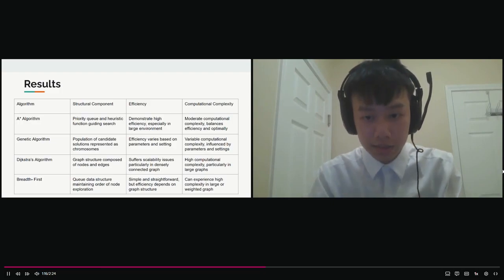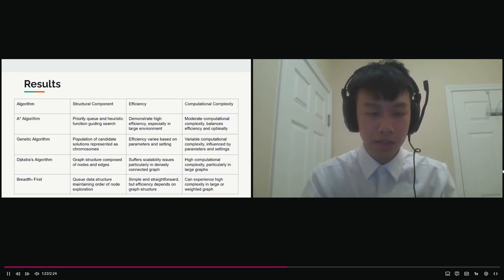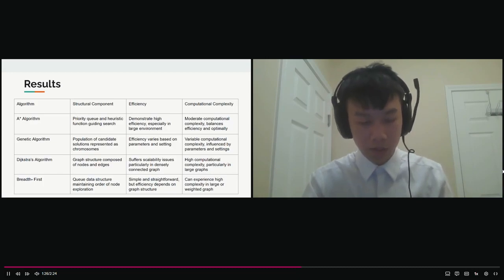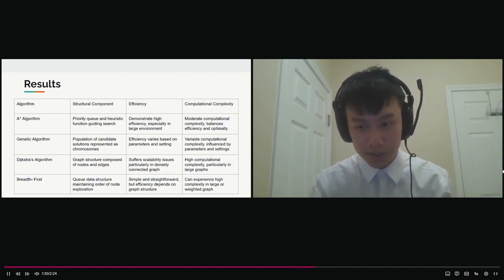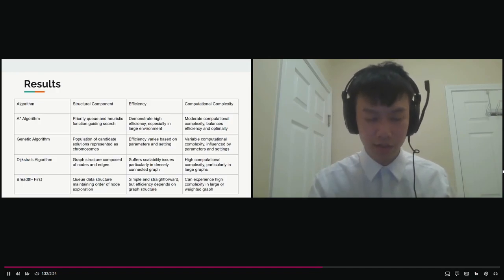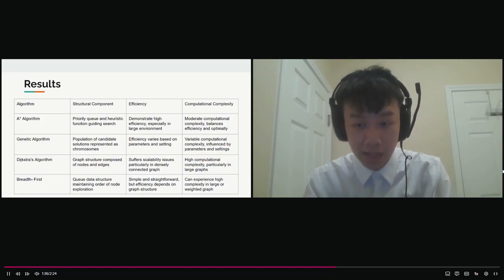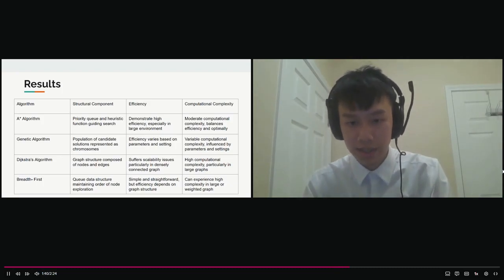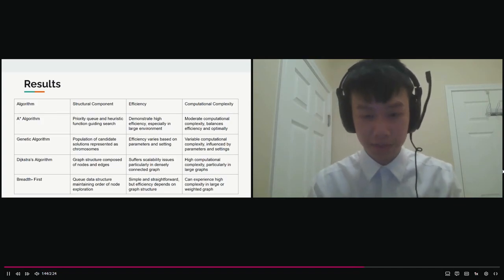Finally, let's discuss computational complexity. While the A-star algorithm balances efficiency and optimality with moderate complexity, genetic algorithm complexity also varies based on parameters once again. Dijkstra's algorithm may face high complexity, especially in large graphs, and breadth first can also experience challenges in large or weighted graphs.